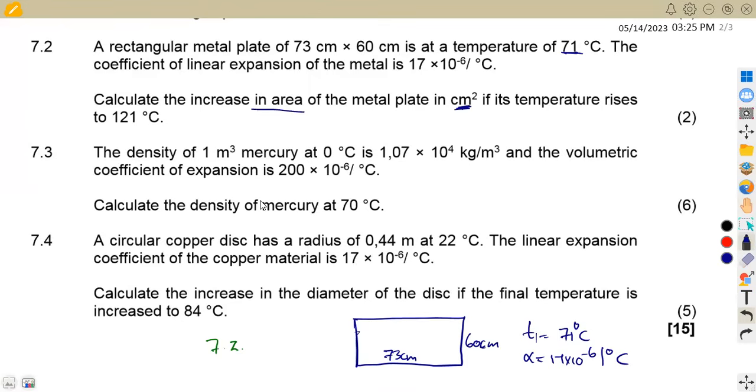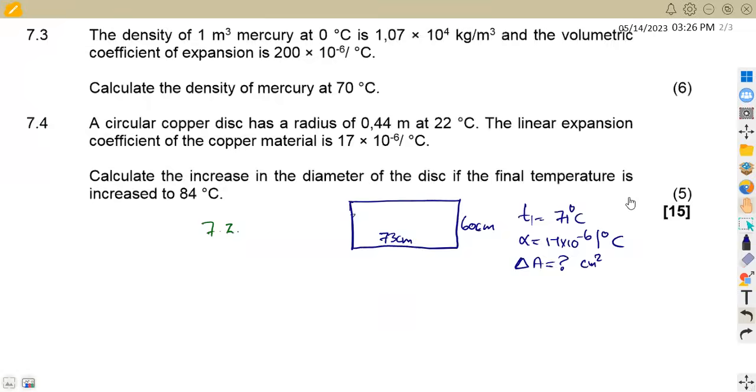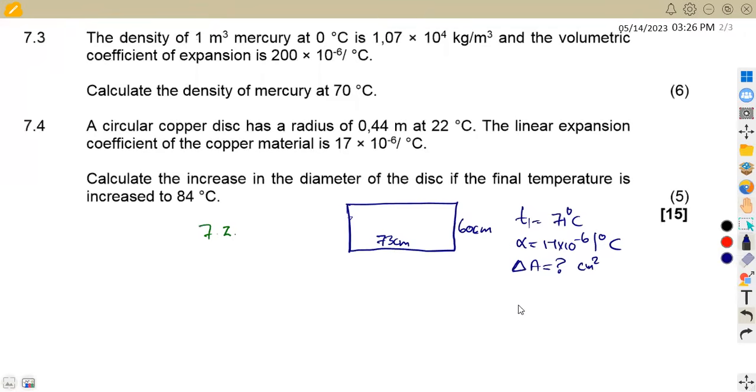The increase in area is the change that is going to happen. If it is positive, that's an increase. So we need the change in area for this plate in square centimeters if its temperature rises to 121 degrees Celsius, which means we are now given the final temperature, T2, of 121 degrees Celsius.